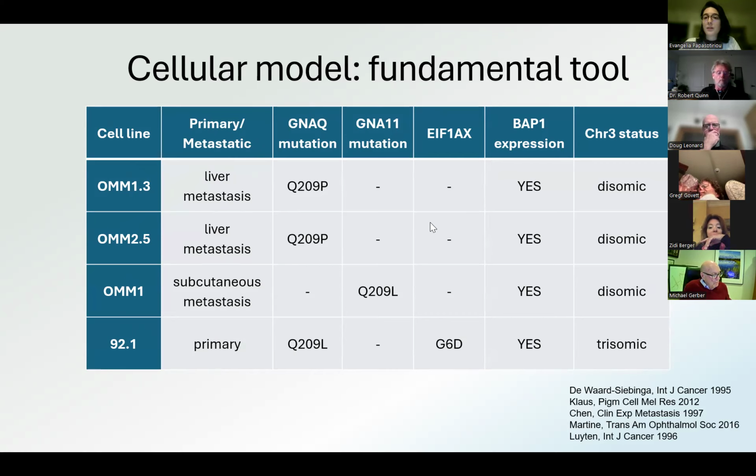There's a whole panel. They express BAP1, which doesn't cover the BAP1 loss in the human tumors, unfortunately, but that's because BAP1-deficient cell lines are very difficult to grow in culture, and they have a particular chromosome 3 status, as we have said before.